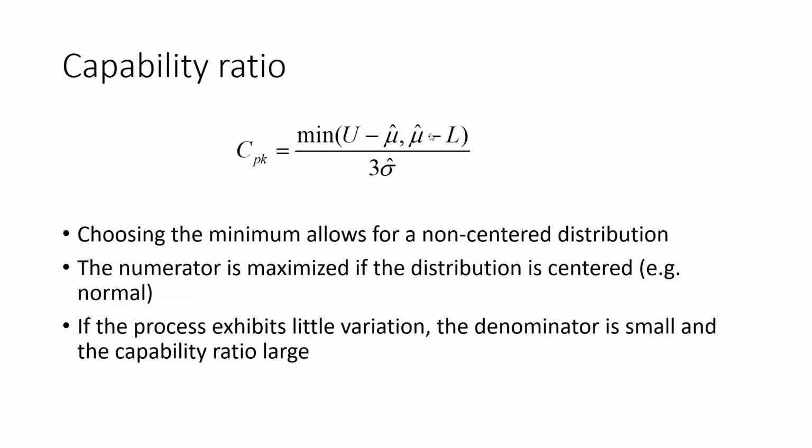Choosing the minimum up here allows basically for a non-centered distribution. And if I had a centered distribution, I would only need one of them here. If the process exhibits little variation, then the ratio is larger. Okay, that makes sense.